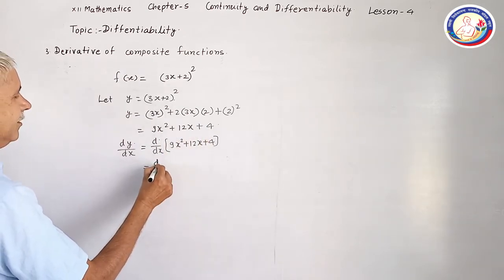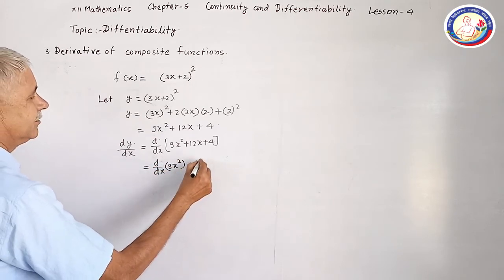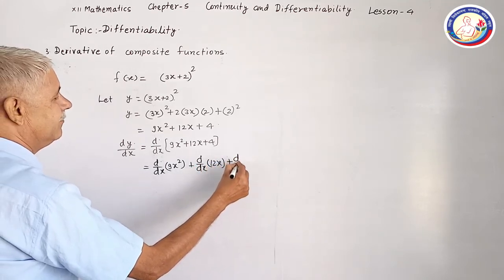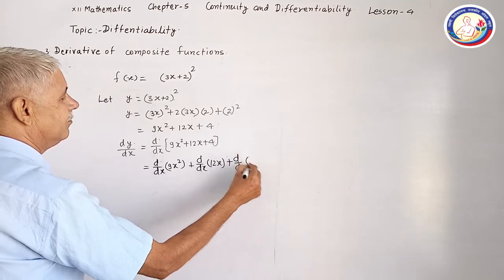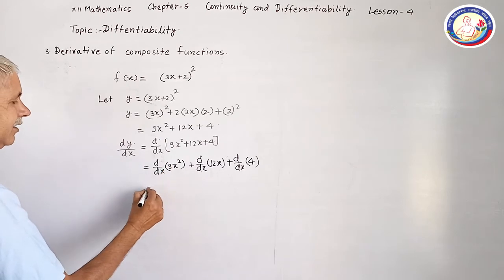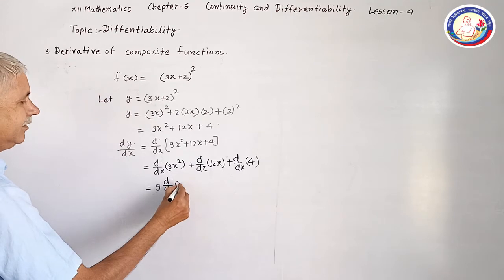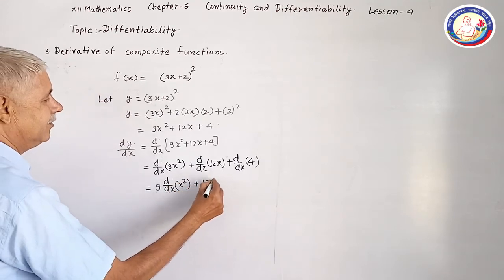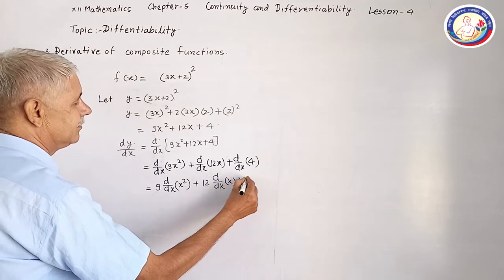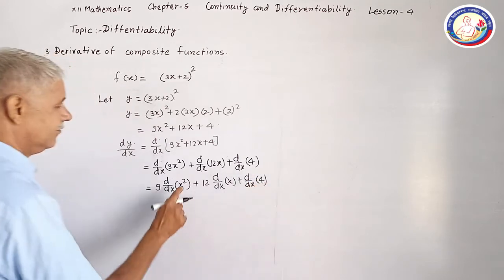You will have the derivative of 9x square plus the derivative of 12x plus the derivative of 4, all with respect to x. Now this is a constant, so we can write it as 9 times the derivative of x square plus 12 into the derivative of x plus the derivative of 4 simply.